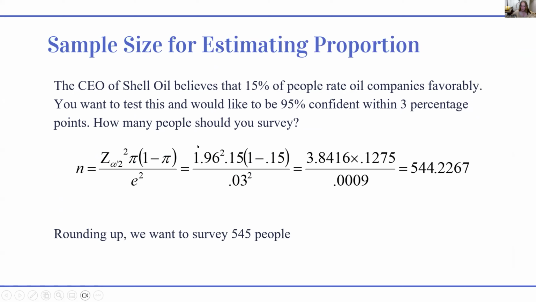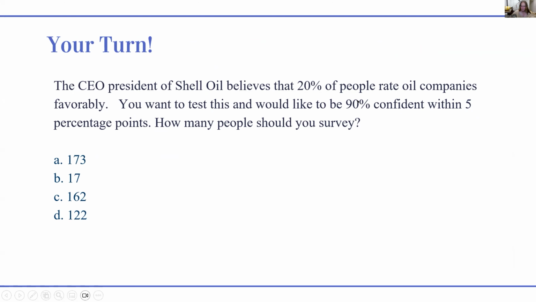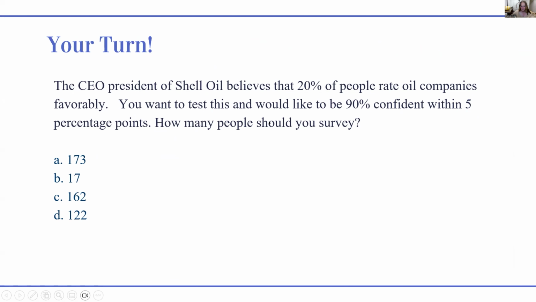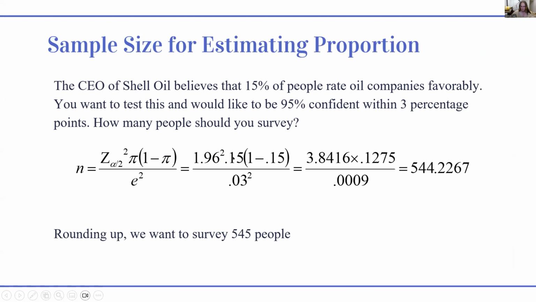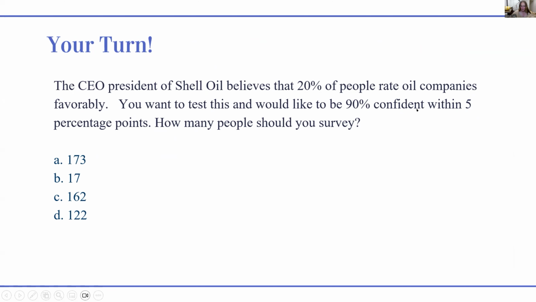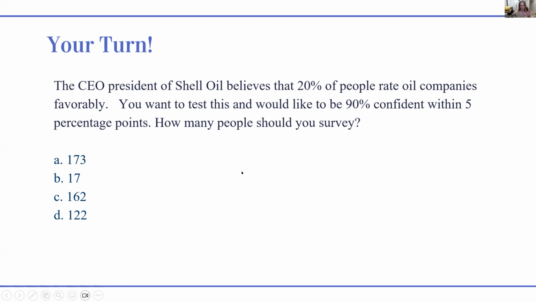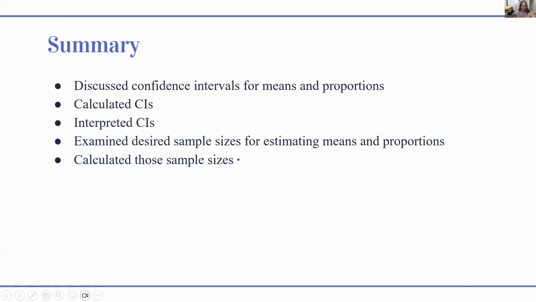So again, just substitute it out. 90% confidence, that's a different number, that's not 1.96. 20% instead of 15, and 5% instead of 3. This is question number 5 in the quiz, and that's the final question of the night.